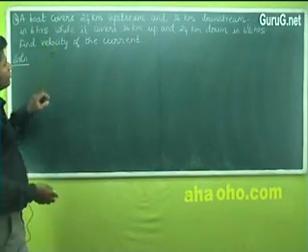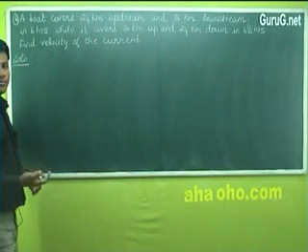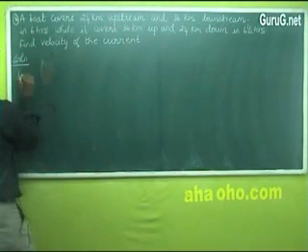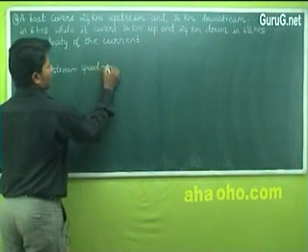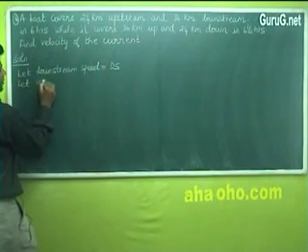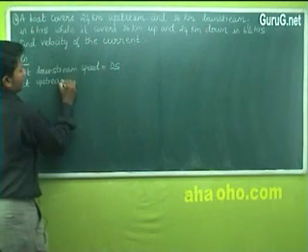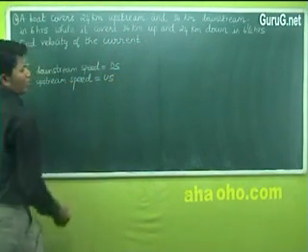But we do not know the value of downstream speed and upstream speed. So let downstream speed be DS. Let upstream speed be US.